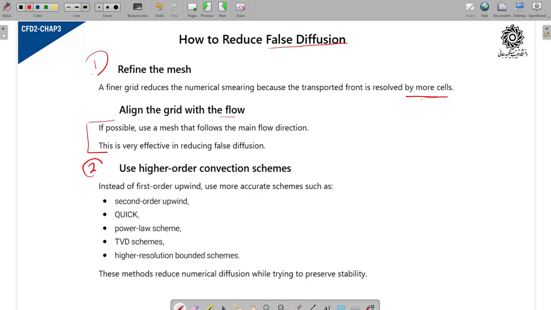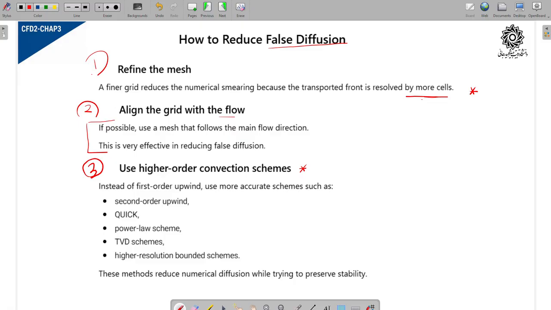Three, use a high order convection scheme. We can use these for the reduction of false diffusion. One, refine the grid or refine the mesh.